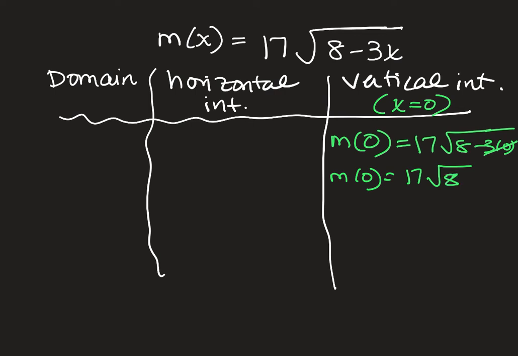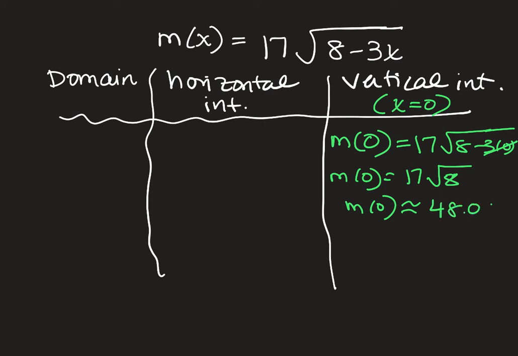Okay, so this is just not a nice whole point. So we're going to go on our calculator and figure out what is 17 times the square root of 8. Depending on how My Open Math wants us to round, I'll give 2 places. If you go into your calculator, do it along with me to make sure that you're able to do that. You should get about 48.08.